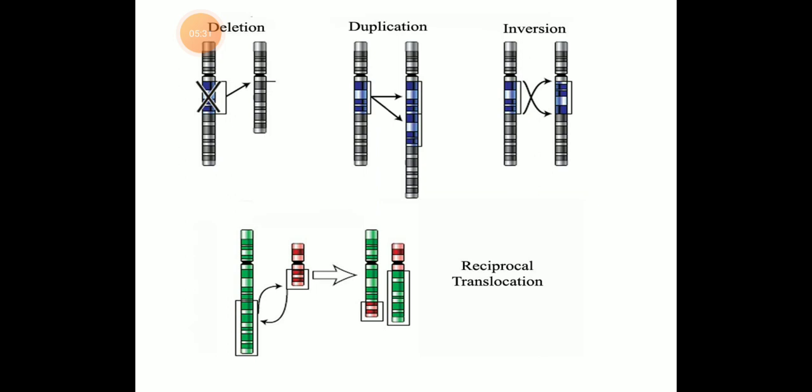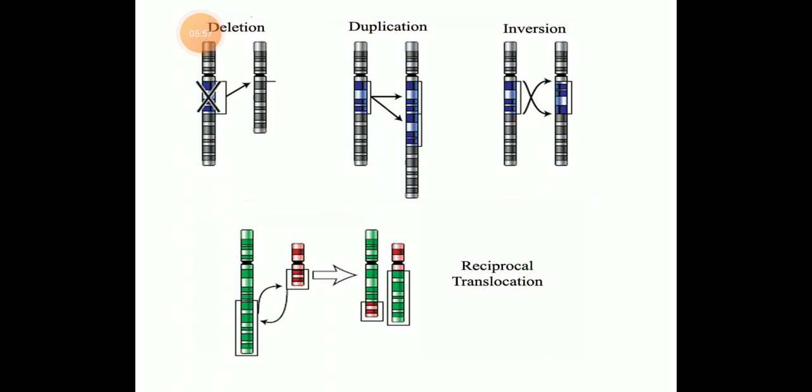Among these types of mutation, at first we see the deletion. In deletion, loss of part of a chromosome is known as deletion. Then in duplication, what happens? An extra copy made of part of a chromosome is known as duplication.